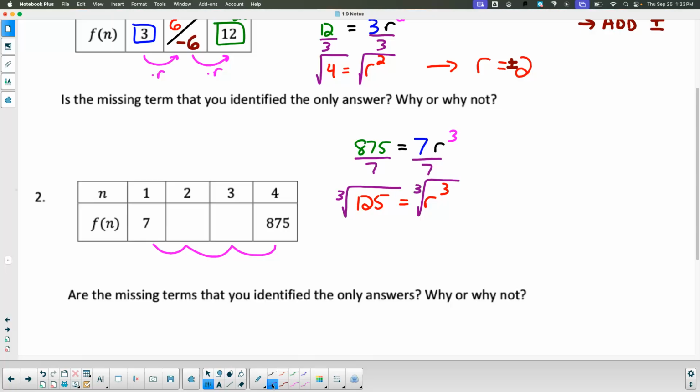For those of you that can't see what you're typing in, I think you type in 125 first.